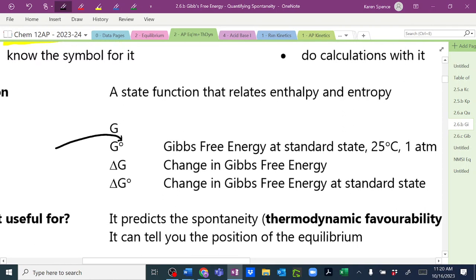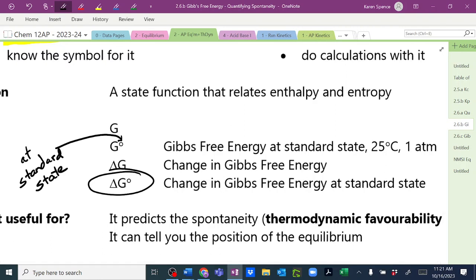At standard state. Okay, when we put a delta G, it's a change in Gibbs free energy. Delta G naught, change in Gibbs free energy at standard state. We will most often be using this one, okay? So the other ones you can just kind of put aside and just worry about this one.